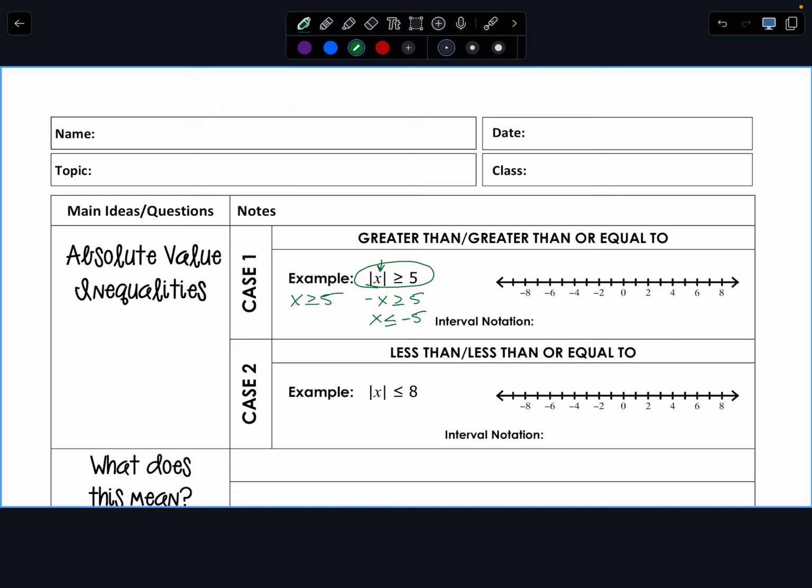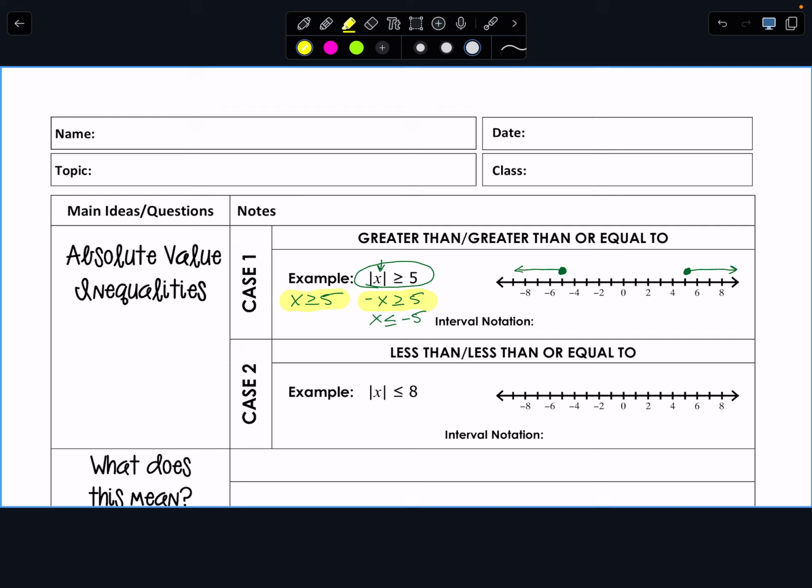So when I graph this, negative 5 and 5. I'm graphing bigger than 5, and I'm graphing less than negative 5. So I always have two situations. One, when I just recopy down the absolute value, and one when I make what's inside the absolute value negative and I try to solve that inequality.